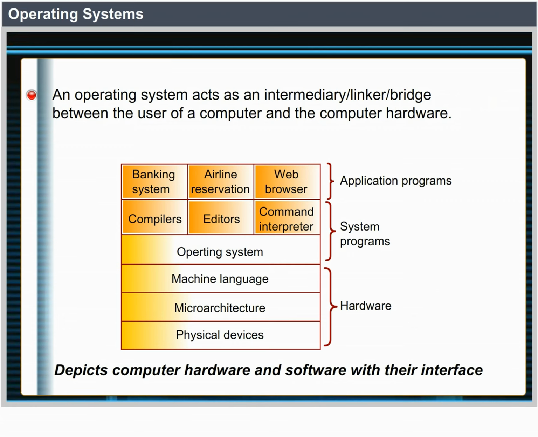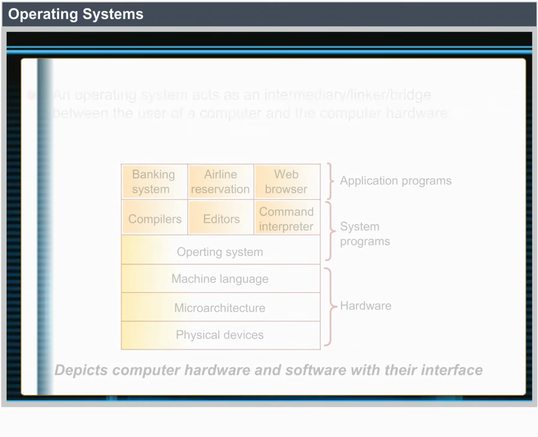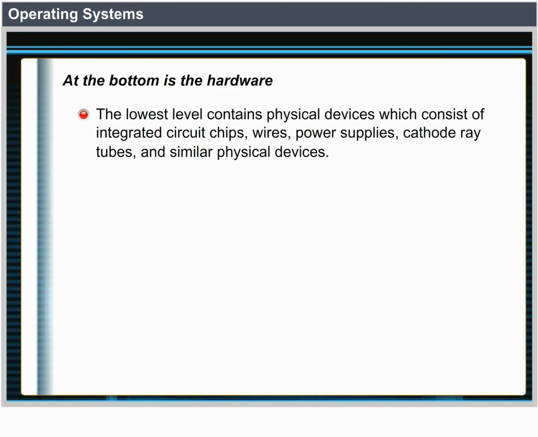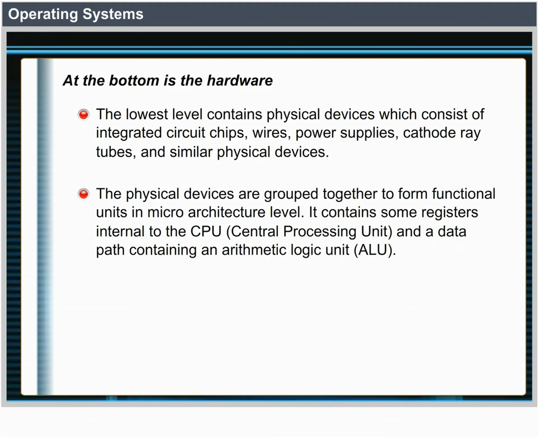The above diagram depicts computer hardware and software with their interface. At the bottom is the hardware. The lowest level contains physical devices consisting of integrated circuit chips, wires, power supplies, cathode ray tubes, and similar physical devices. In microarchitecture level, the physical devices are grouped together to form functional units.